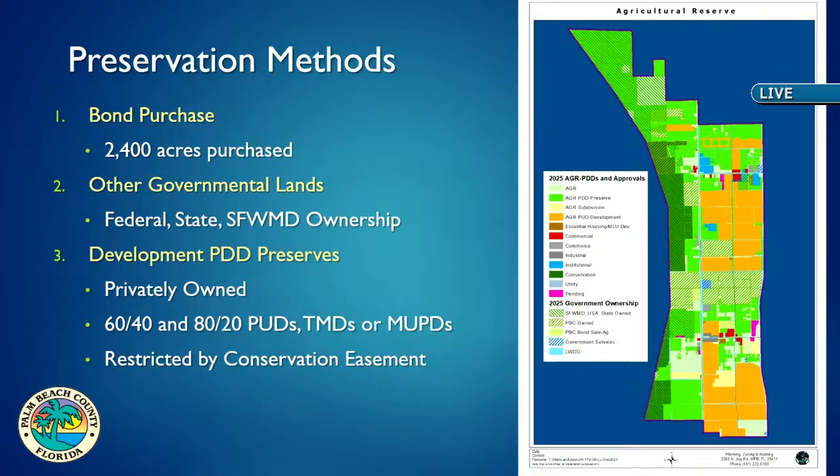So there are three methods essentially for preserving agricultural lands. The first two are through the public side, including the 1999 bond referendum, which directed $100 million to purchase land in the agricultural reserve. And you heard Ms. Morton indicate there's a little over 2,400 acres that's purchased by the county.